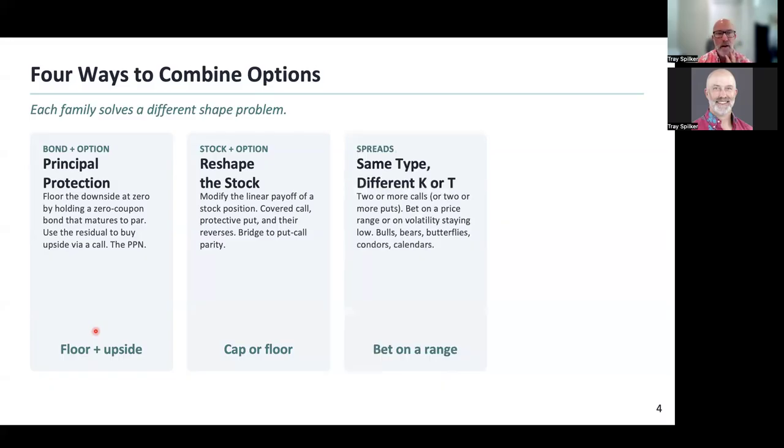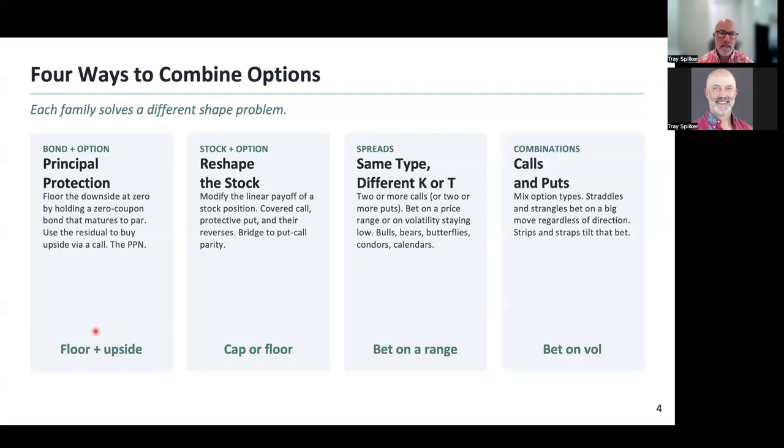The third family here are spreads. So we're going to be using the same options, that is two or more calls or two or more puts, for example, to bet on different strike prices or maturities, depending upon if we have a bearish or a bullish bet. And the last family here are called combinations.